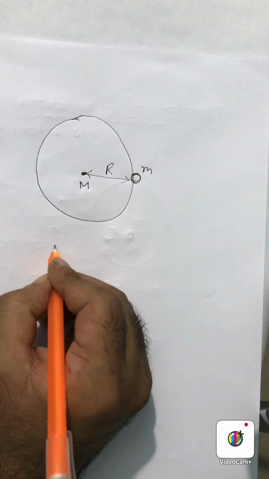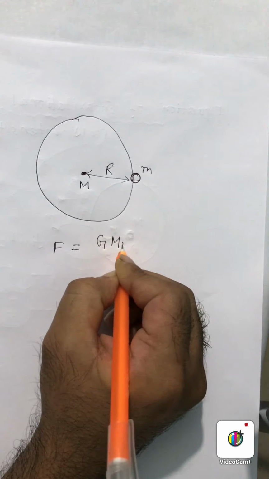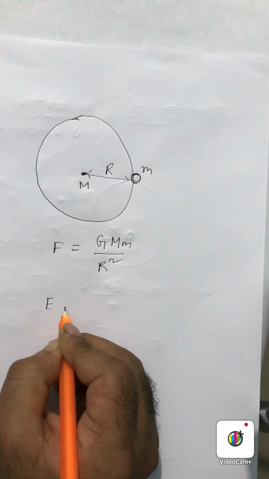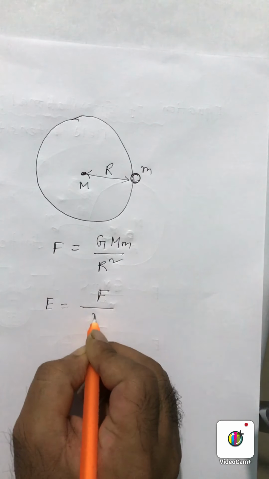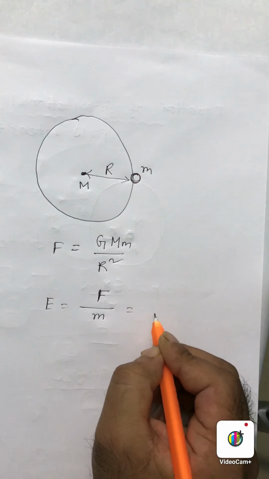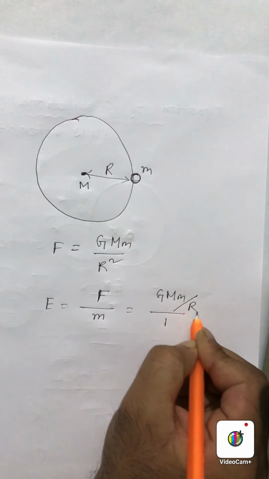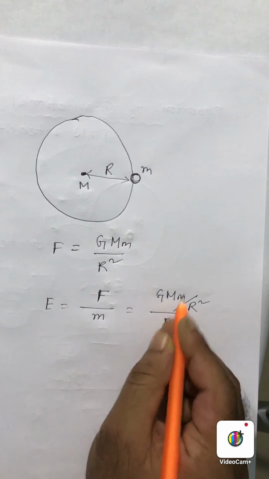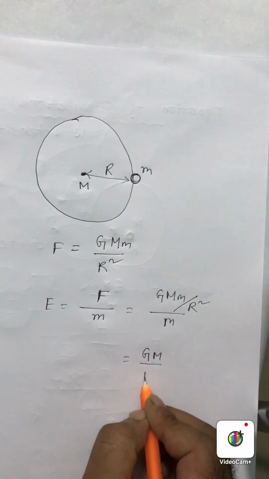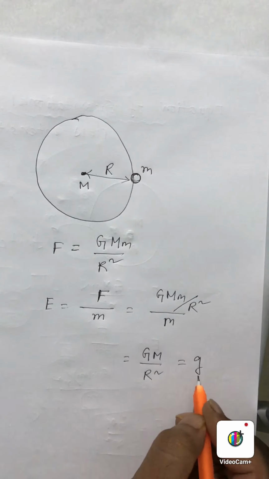Now the gravitational attraction force between earth and object is G capital M small m divided by capital R square. Now the gravitational field strength E is equal to F divided by small m. Now F is G capital M small m divided by R square, and small m cancels, so G M divided by R square, which is equal to the gravitational acceleration at the surface of the earth.